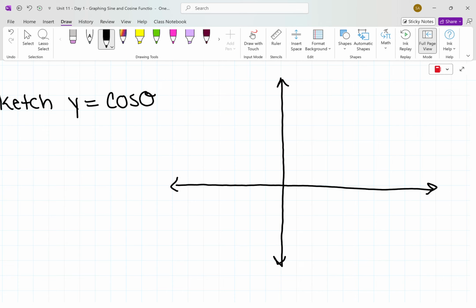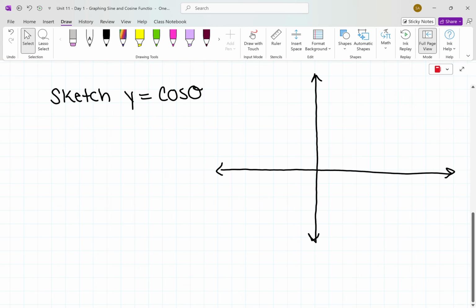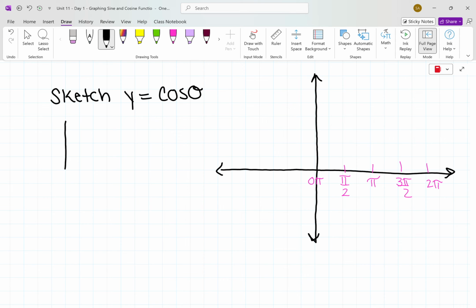Okay, so similar to the sine, our x-axis will be our thetas, and our thetas will be 0, pi over 2, pi, 3 pi over 2, and 2 pi. And then I'm going to use the unit circle to help me evaluate.